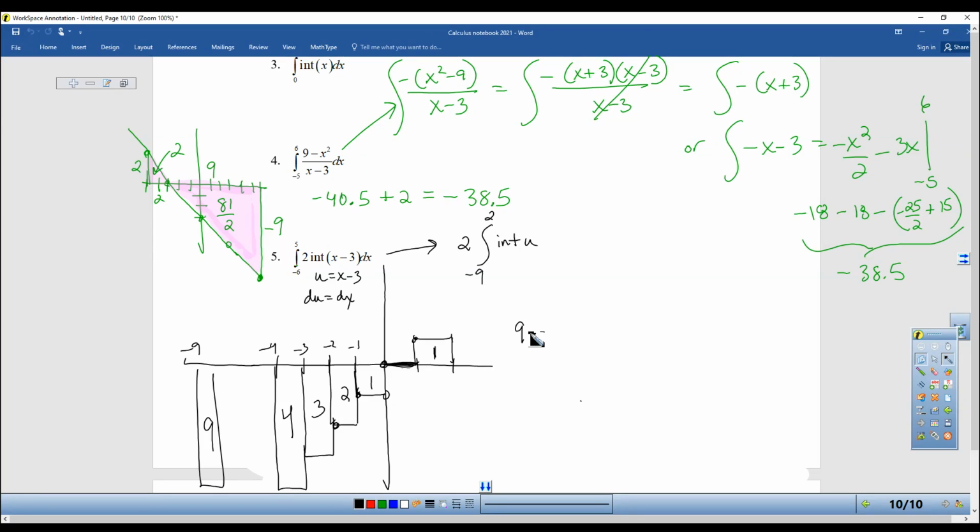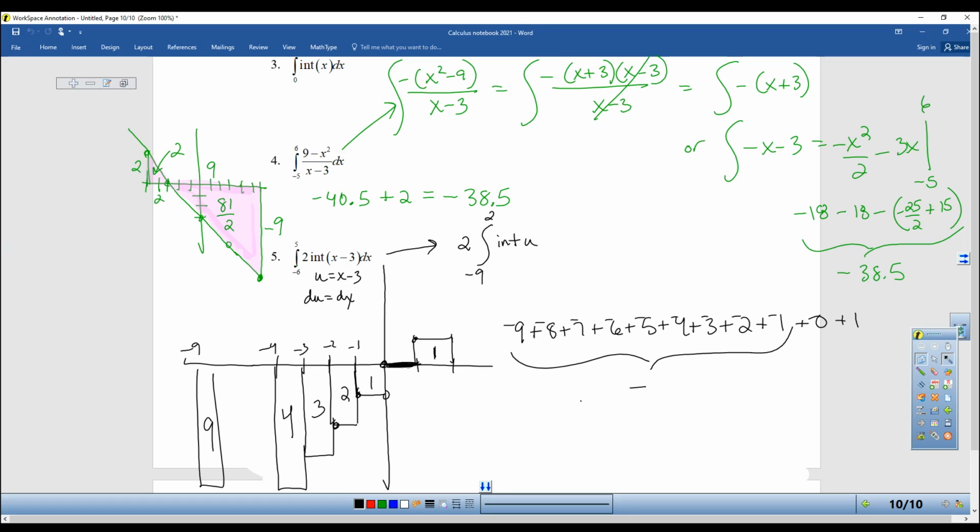So let's add those up. 9 plus 8 plus 7 plus 6 plus 5 plus 4 plus 3 plus 2 plus 1. Remember that these are all going to be the negative ones. Plus 0, that's right here. It doesn't have any area under the curve, plus 1. So these are actually all negative because they're underneath.